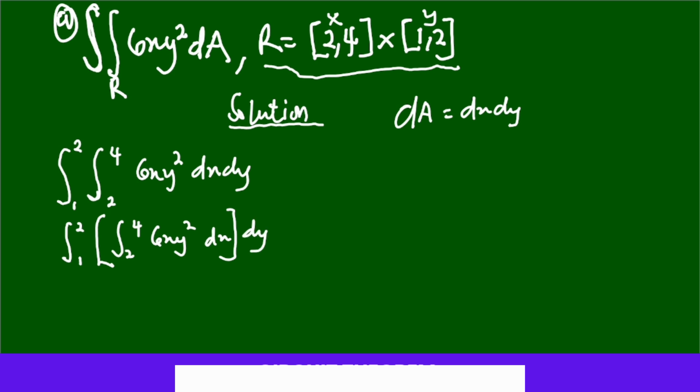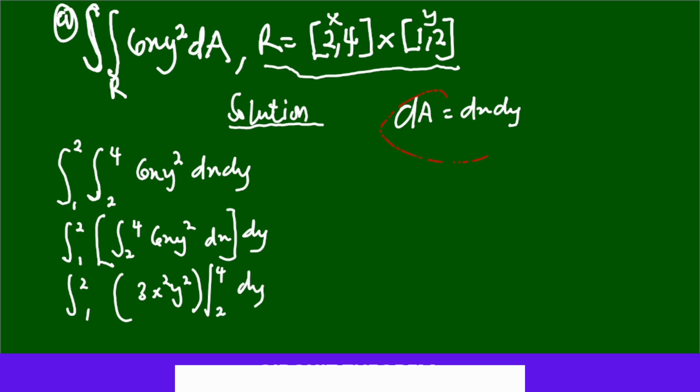Okay, so now I evaluate what is inside and I get 3x squared y squared, and I introduce my limits, that dy.